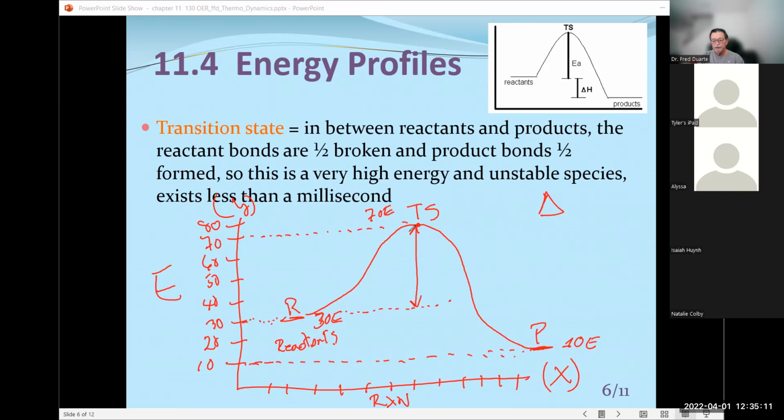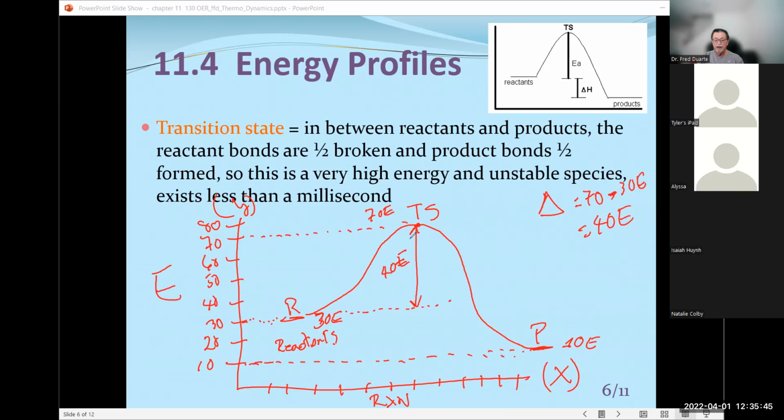And so if we look at the change of energy, where we ended up at 70, that's the transition state, and we started off at 30, 70 minus 30, that means there are 40 energy units between where the transition state is and where the reactants began. So that's 40 units of energy, okay?